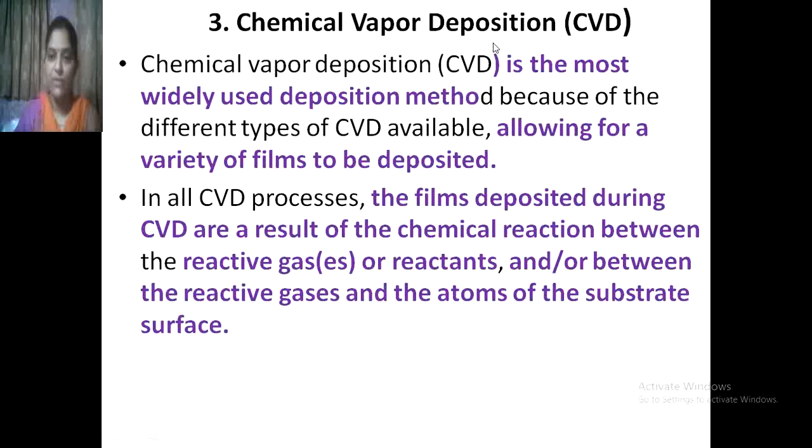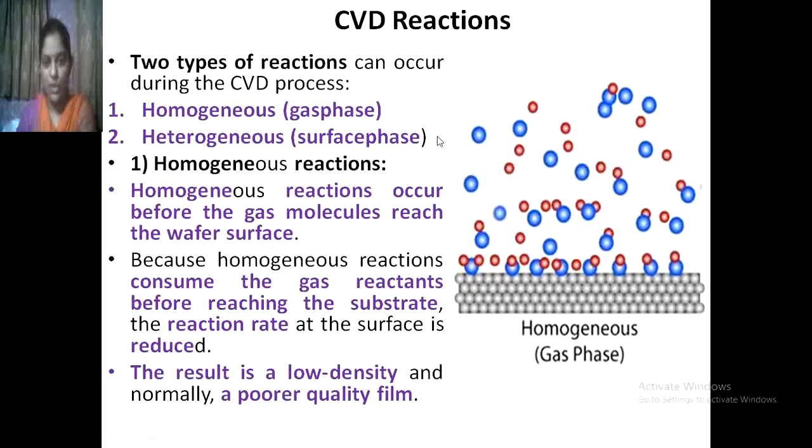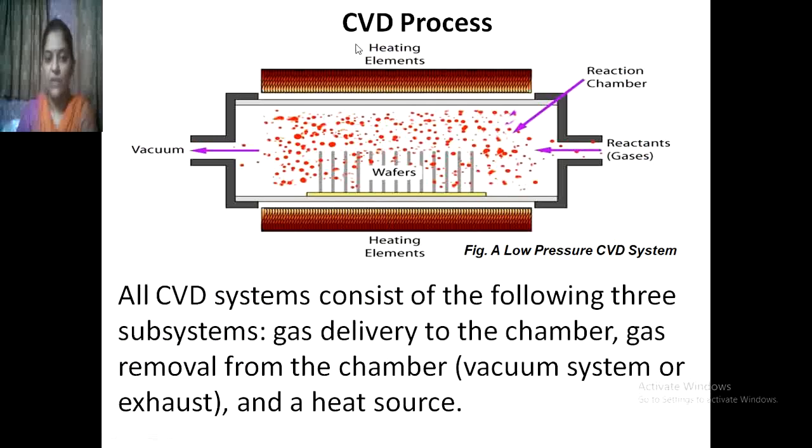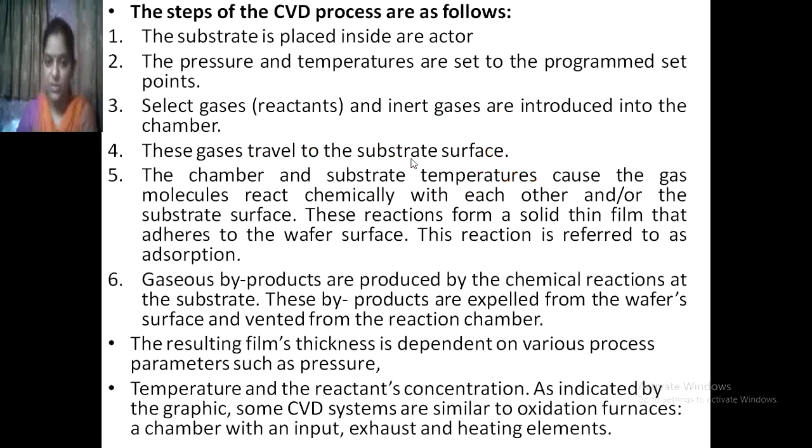Then chemical vapor deposition we have seen, that is the third type from the deposition process. In this also we have seen 2 types, homogeneous and heterogeneous. Then we have seen the CVD process in detail, and what are the steps followed in a CVD process.